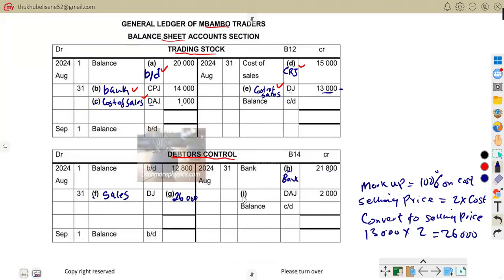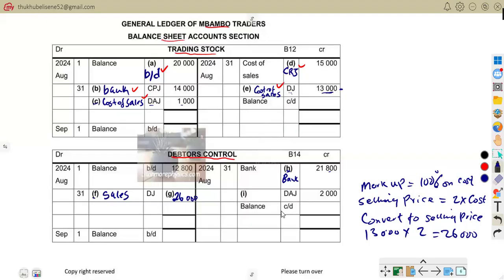Now we come to I. We have this debtors allowance general of 2,000. Debtors allowance general, we have said, includes returns or discounts given. So what are we going to write there? That is very important.